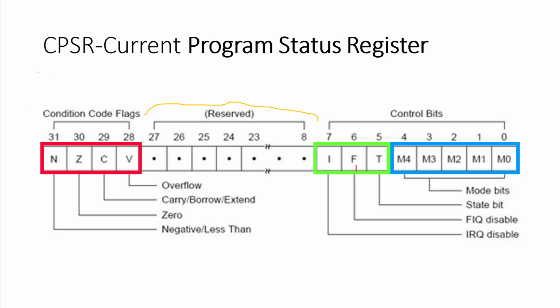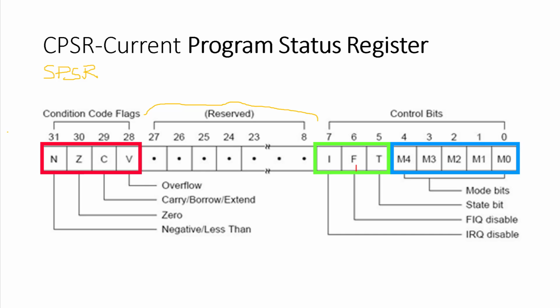And as I told you, there are two different program status registers. One is called the current program status register and another one is called the saved program status register, SPSR. The saved program status register also has the same structure, the same bits will be available. There is a basic difference between the CPSR and SPSR that I will tell you.